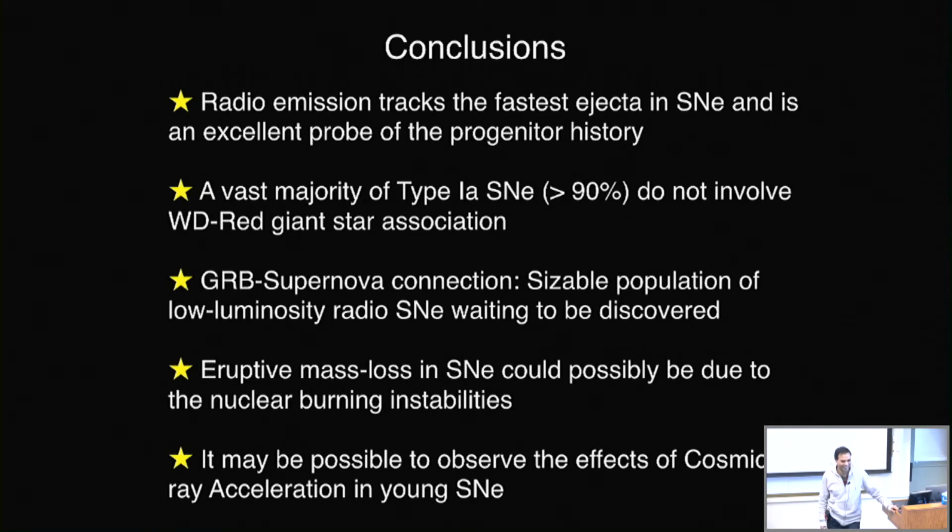I'd like to contest that. Because first of all, the single degenerate doesn't necessarily mean that you have a giant donor. You can have a donor that is either more massive than the white dwarf, but it's still on the main sequence, or it can be a subgiant with a core mass of, say, 0.15 solar masses, 0.2 solar masses. And in those cases, the mass loss rate is indeed about 10 to the minus 7 solar masses per year.